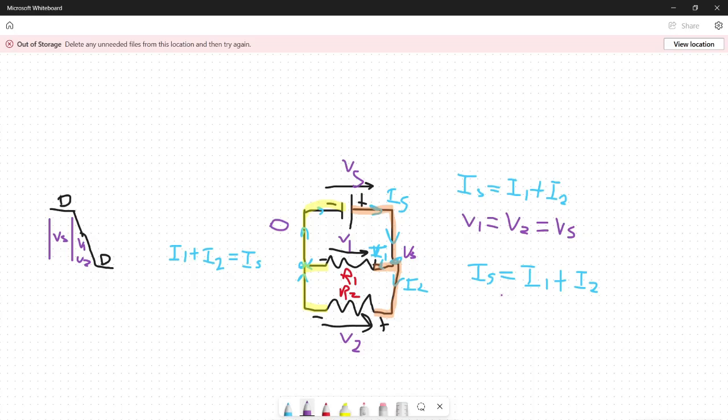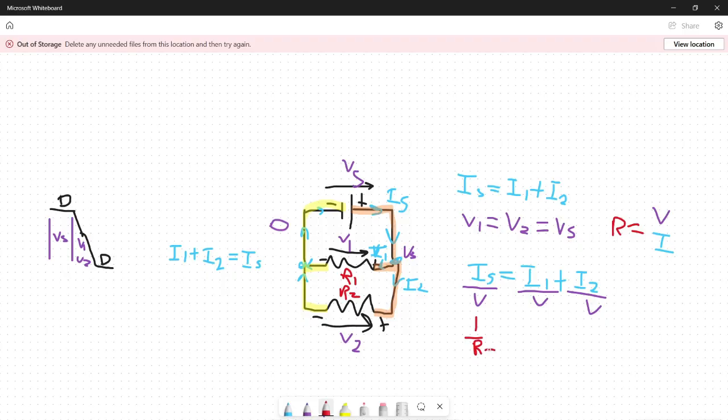So resistance is now equal to our voltage over our current. So if I divide by voltage throughout, because the voltage remains the same, then I should get 1 over my resistance.